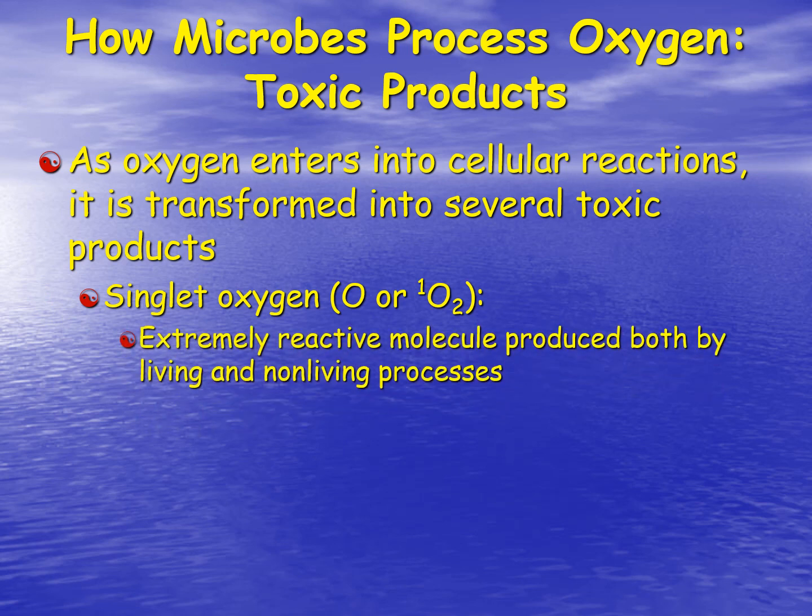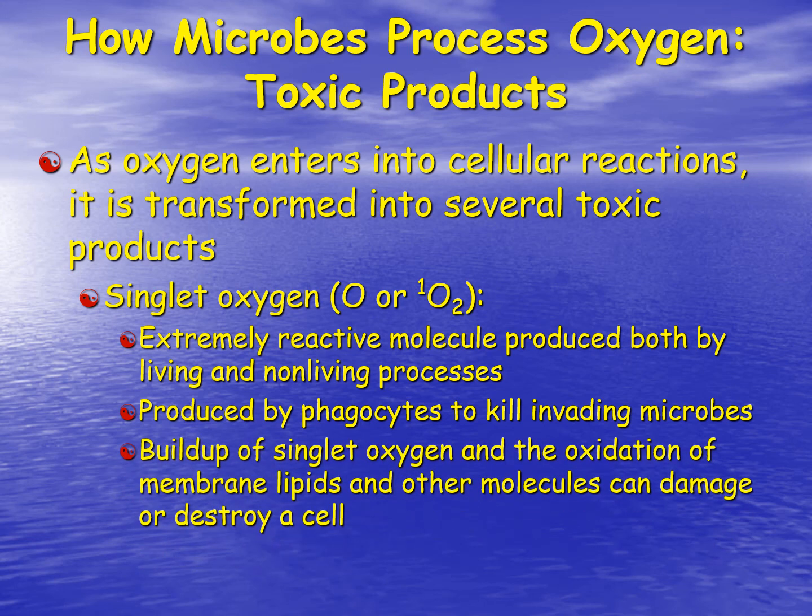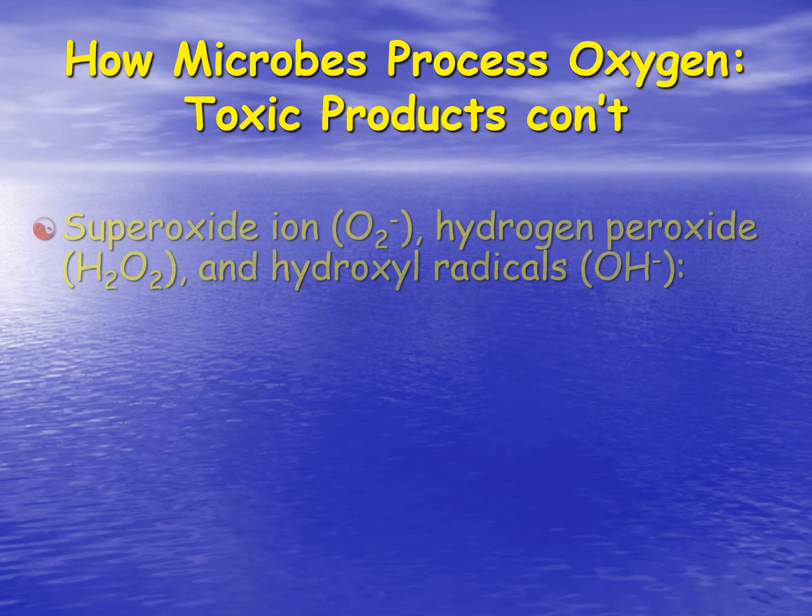They are extremely reactive molecules produced by both living and non-living processes. They oftentimes are produced by phagocytes to kill invading microbes. But buildup of singlet oxygen and the oxidation of the membrane lipids and other molecules can actually damage or destroy the cell. These are actually sometimes known as free radicals.